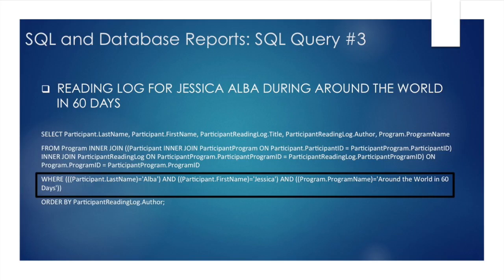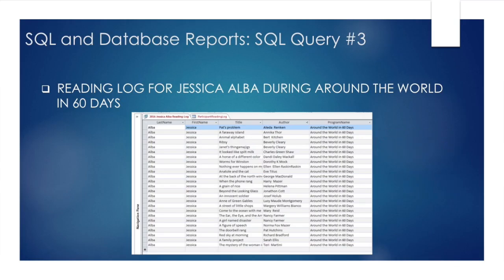Notice that our where clause is based on a combination of conditions, all of which must be met to include the relevant data. Notice also that we choose to limit based on last name, first name, and program. These are the results of that query.